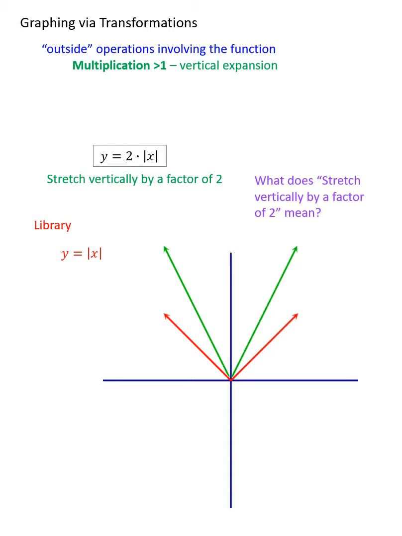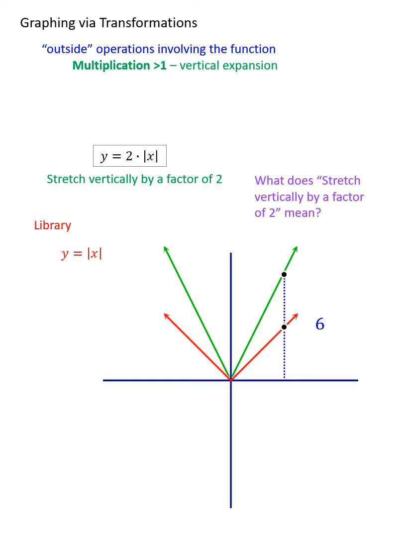But what does it mean to stretch vertically by a factor of 2? That's a strange way to say something. I'll show you on the graph what that means. Suppose you had some random point on the graph. And suppose that that point were 3 spaces away from the x-axis. Because we're stretching by a factor of 2, there'll be some corresponding point on the transformed graph, and that point will be twice as far from the x-axis.